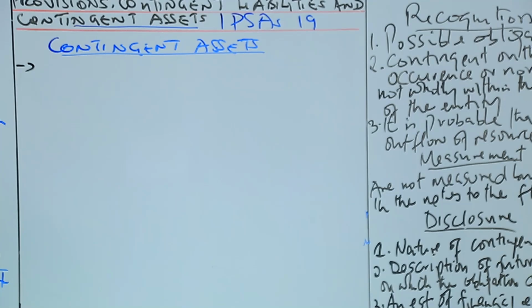Now, a contingent asset is a possible asset.